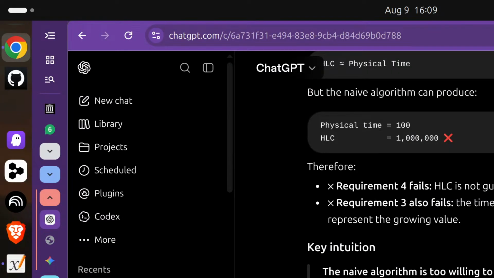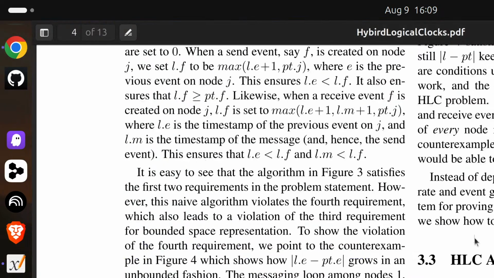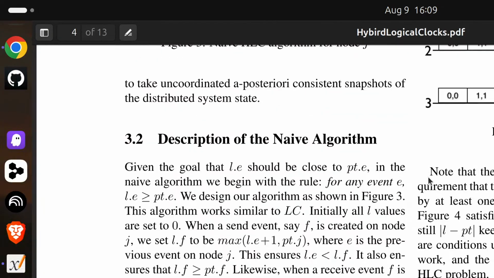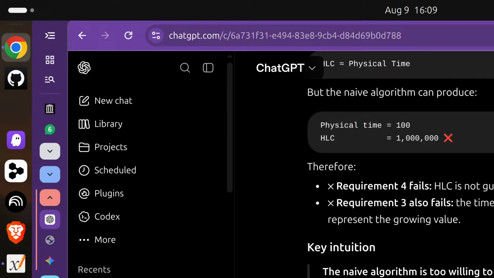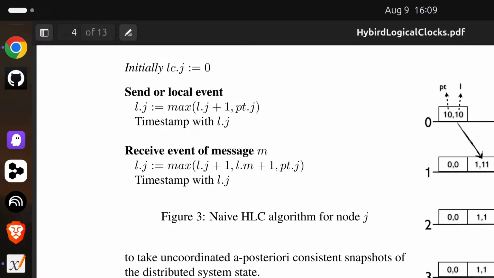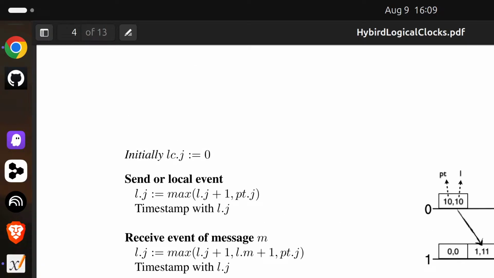So V here. And this image we have to give also.